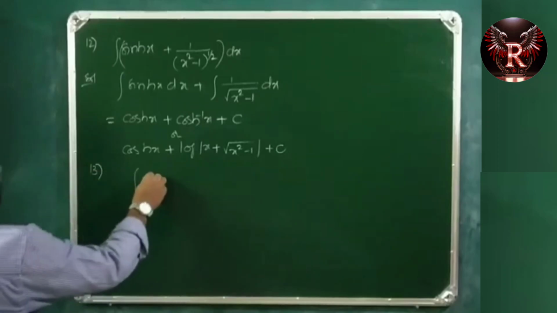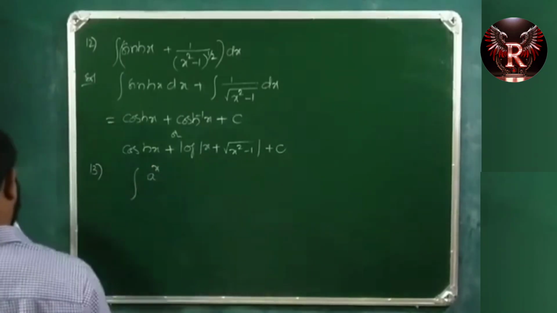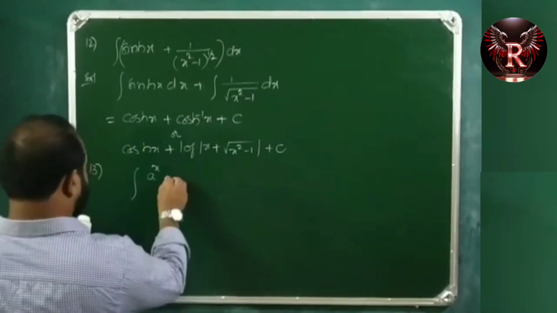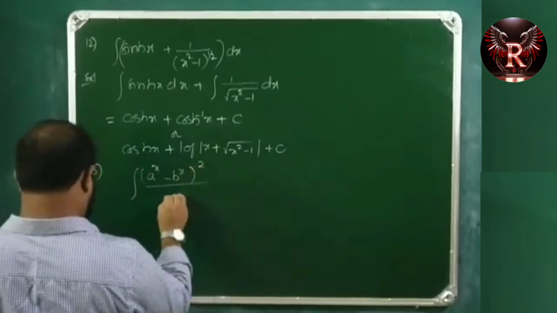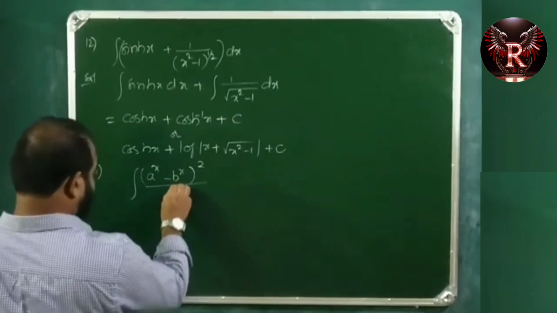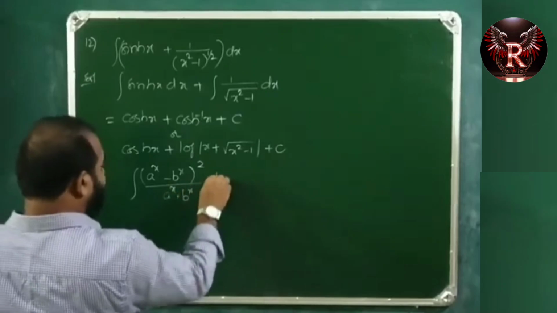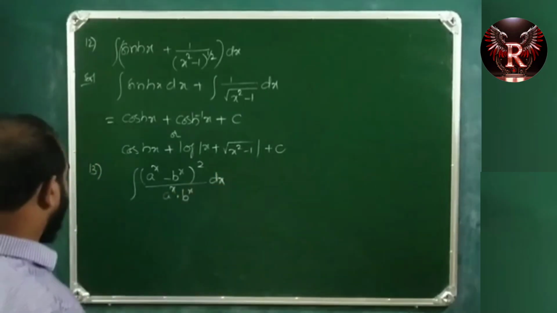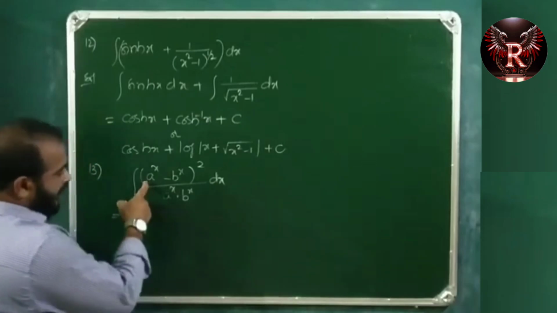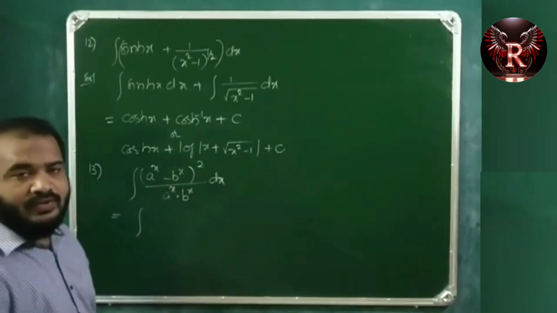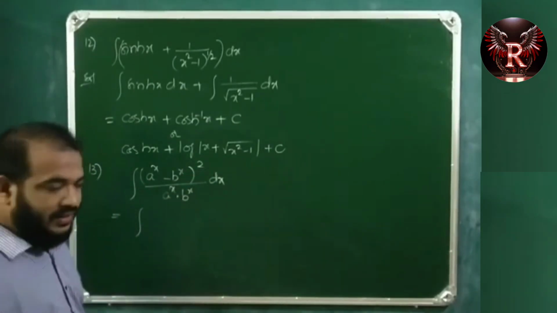The next one is the integral of (a power x minus b power x) whole square by a power x into b power x, dx. So (a minus b) whole square is a square plus b square minus 2ab.